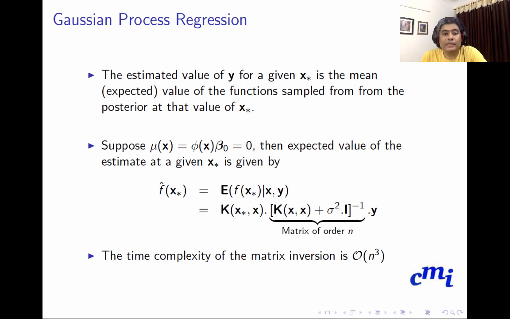Now, the time complexity of matrix inversion is order of n cube. So if you have too many samples, then this estimation could be a little bit cumbersome. But for Bayesian optimization, we don't see that as typically a problem, because we cannot evaluate f at many places; evaluation of f is very costly.